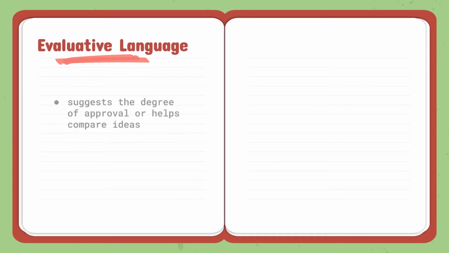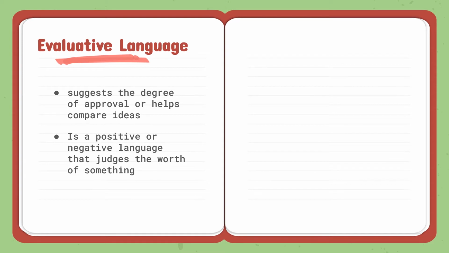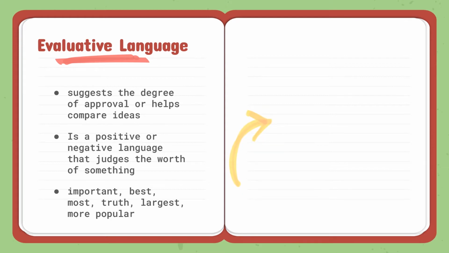Evaluative language. This suggests the degree of approval or helps compare ideas. It is a positive or negative language that judges the worth of something. Examples: important, best, most, truth, largest, more popular.